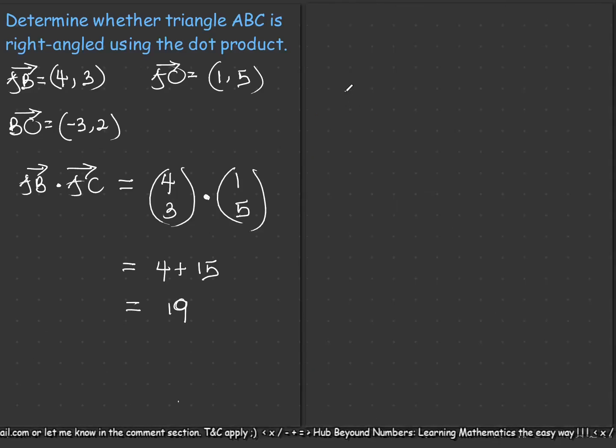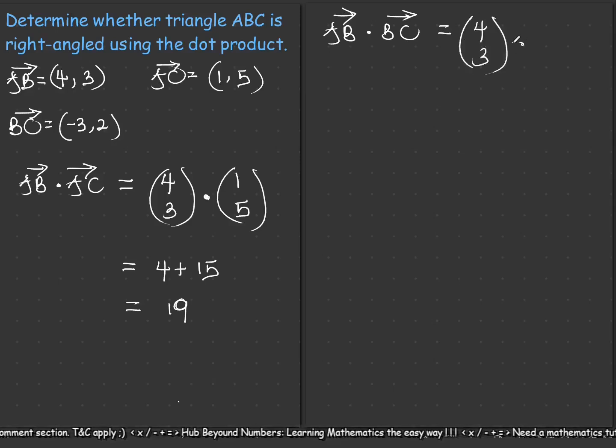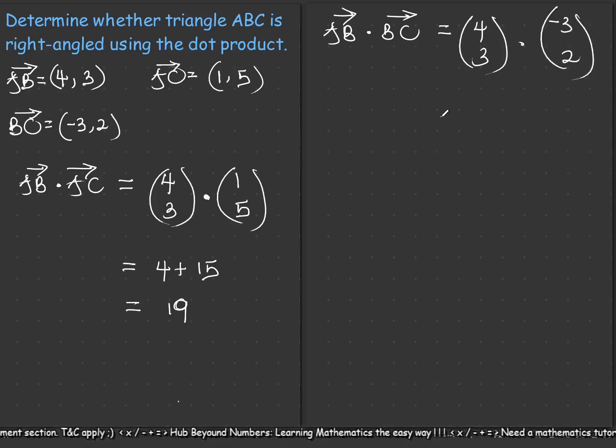So since we've done AB, AC, let's look at AB dot BC. So just as we did, it is then going to be our AB, which is (4, 3), dot BC, which is (-3, 2).